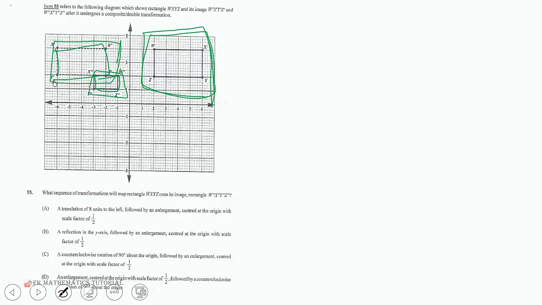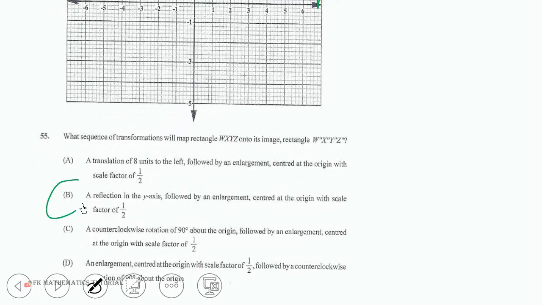So that scale factor is half. You can see that this distance here is 4 and this one here is 2. So half of 4 is 2. So the correct answer is supposed to be B, a reflection in the y-axis followed by an enlargement centered at the origin with a scale factor of 2.